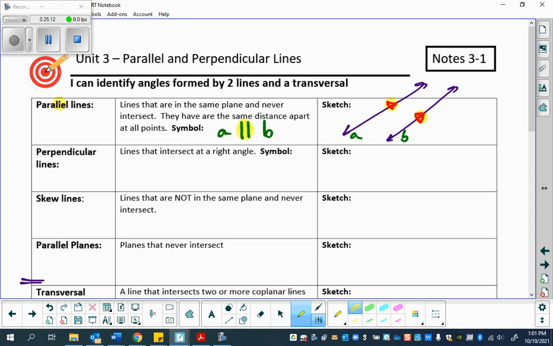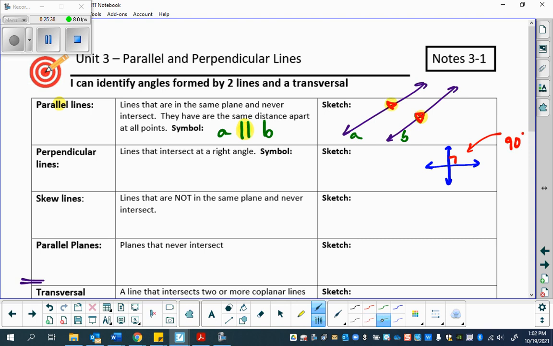All right, if I talk about perpendicular lines, perpendicular lines are going to be lines that intersect at a right angle. My symbology is going to be a little box in the corner, and that box is the symbol for a right angle, which we know by definition measures 90 degrees.